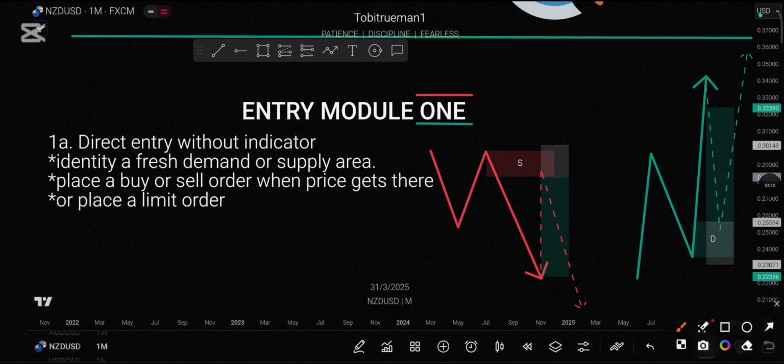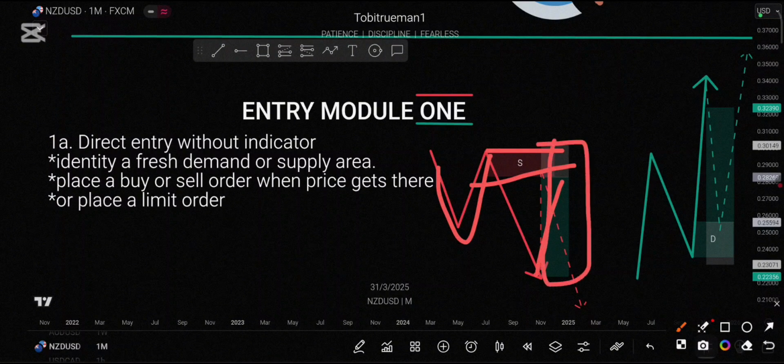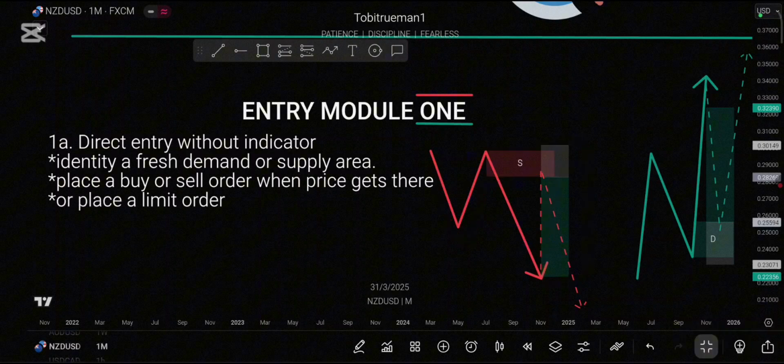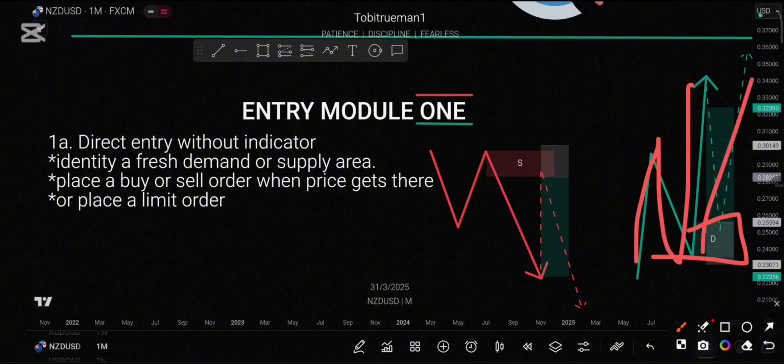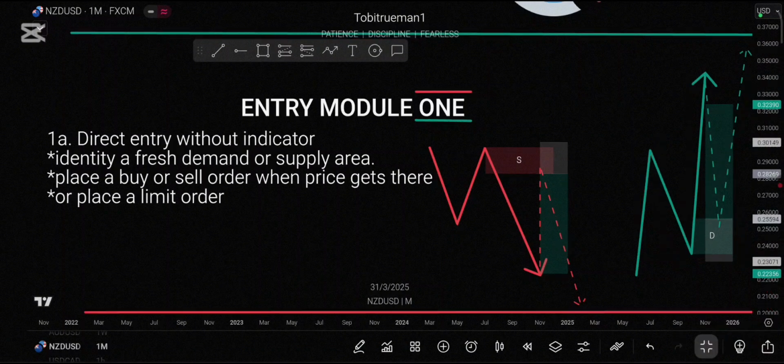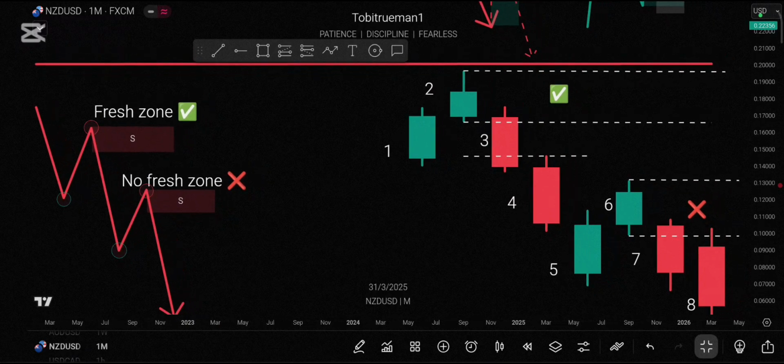Just like I've explained here, we spot a supply zone, we put our buying and selling signal there, and we tag along. If we see a fresh demand zone, we just tag along. It can be effective even without using an indicator.